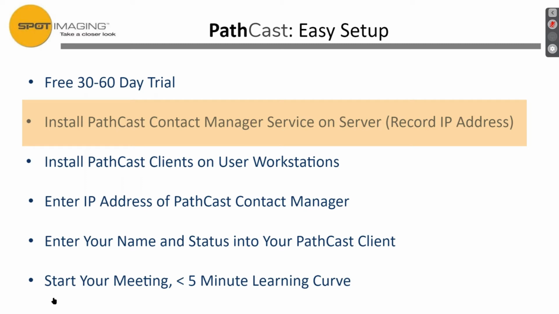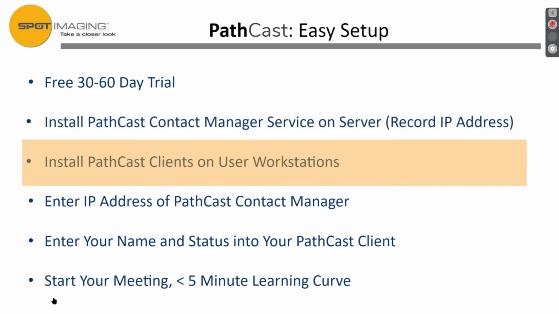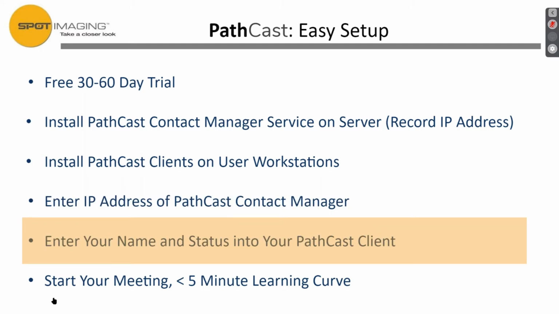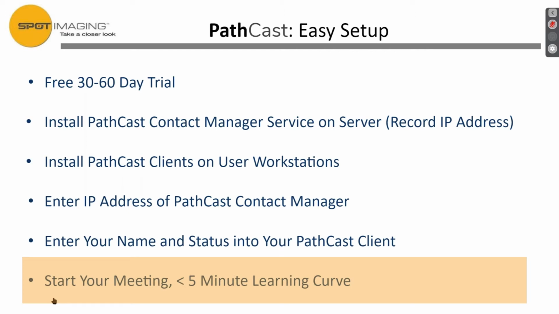And what that actually does is it just manages all the contacts for the system. Then you install the PathCast client on each of the users' workstations that are going to communicate to each other. You enter the IP address of the PathCast Contact Manager that you got off that server. And then you put your own name in so you can identify yourself and set your status. And then you hit the start meeting button and you're up and running.